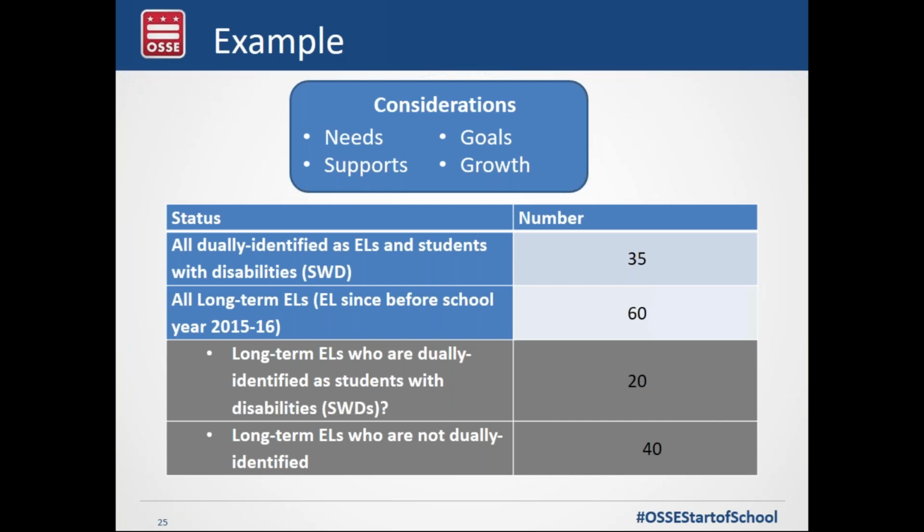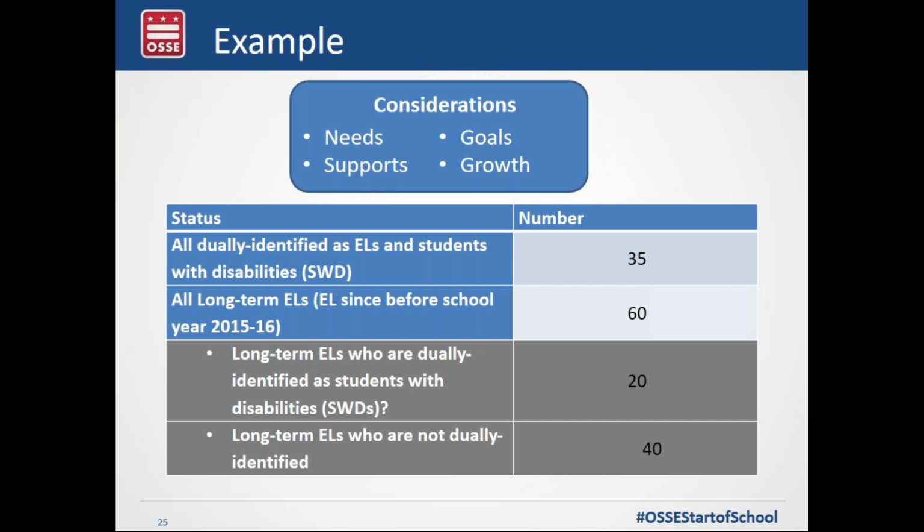And then when we go back, we will look up students who are considered long-term ELs. So what we'll do is we will filter by when the students have been EL. So if they have been in EL status before the year 2015-16, that means that they have been in that status for more than 5 years, or for 5 years.